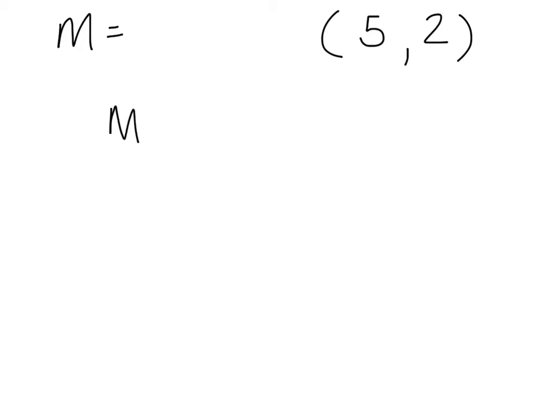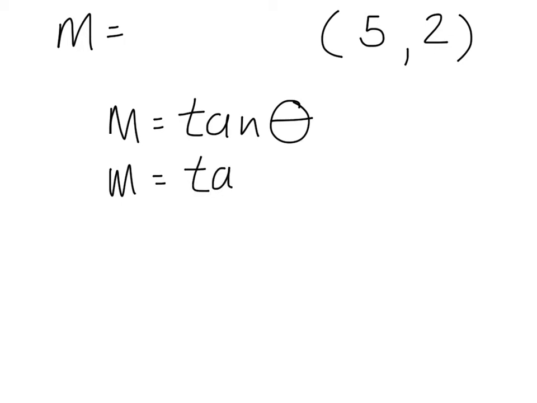That should lead us to remember the formula m equals tan theta, where m is the gradient of the line and theta is the angle between the line and the positive direction of the x-axis. So we'll be able to find the gradient m by doing tan 135 degrees.